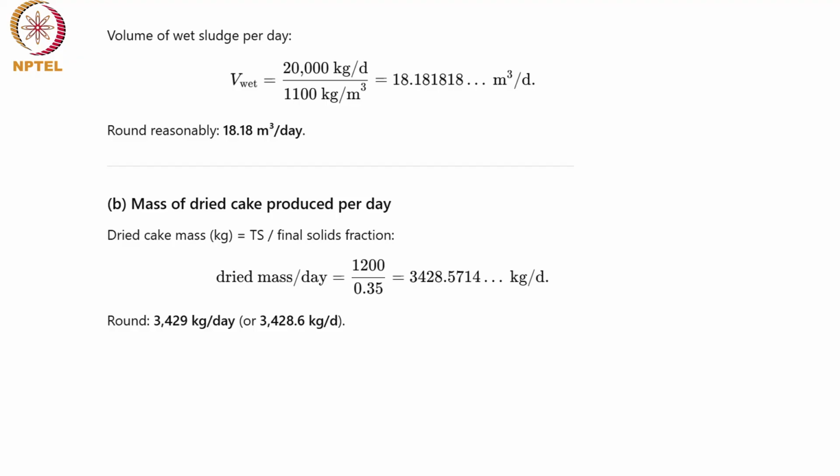But in the question it is given that the depth of the sludge that you can apply is 0.25 meters, so I divide by 0.25. So in meter cube divided by 0.25 meters, if you calculate, you will get the area.